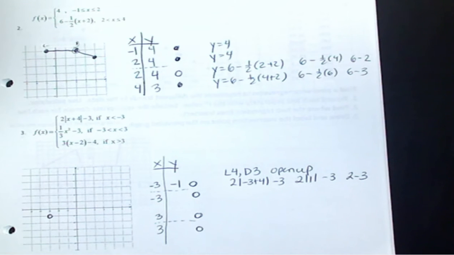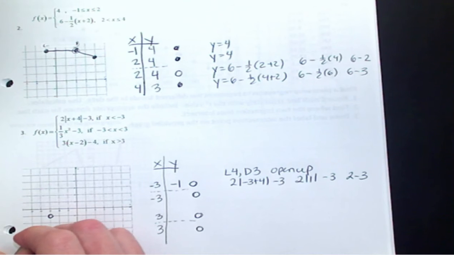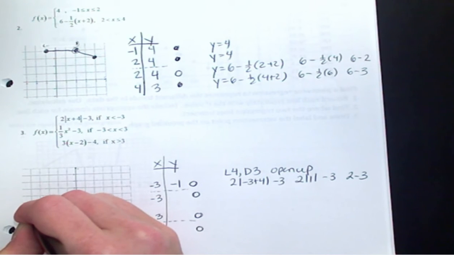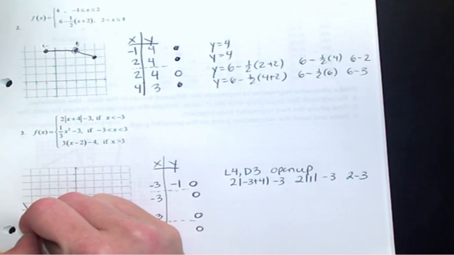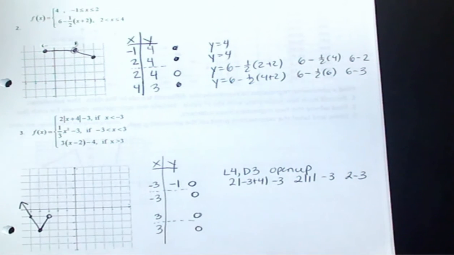Transformation. I have a point, but now I'm going to draw the rest of the graph. Left 4, down 3, and it's opening up. Okay, continue.